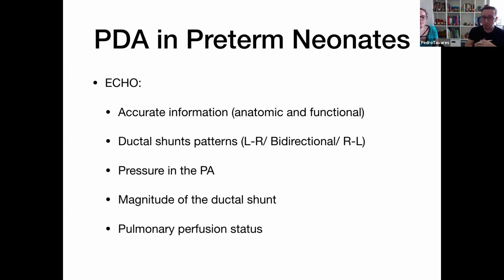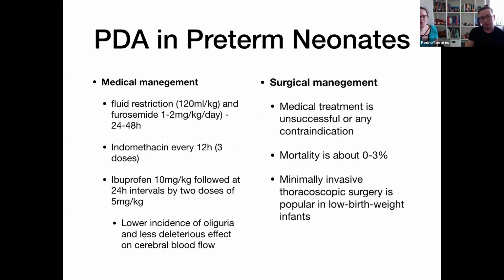We can see the magnitude of ductal shunt and the status of pulmonary perfusion. We can manage with medical management with fluid restriction of about 120 ml per kilo, and furosemide about 1-2 milligrams per kilo per day, in doses that we will decide depending on the patient.